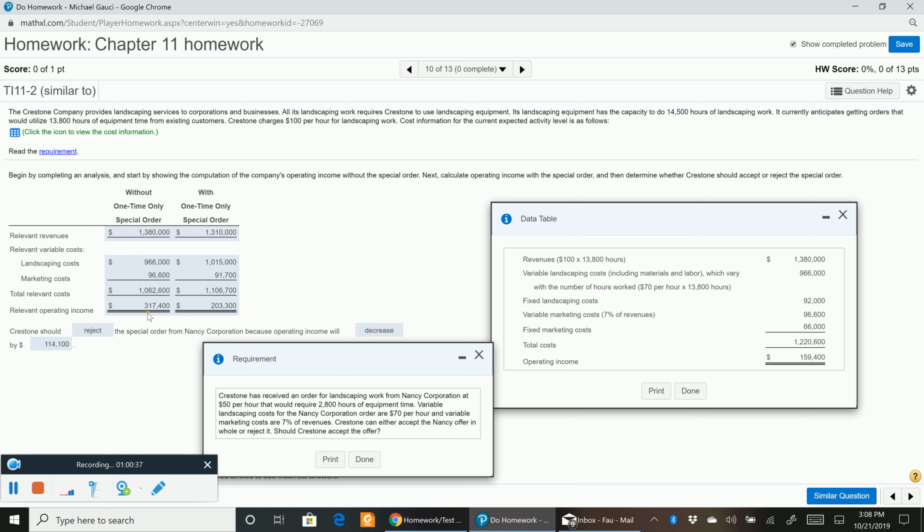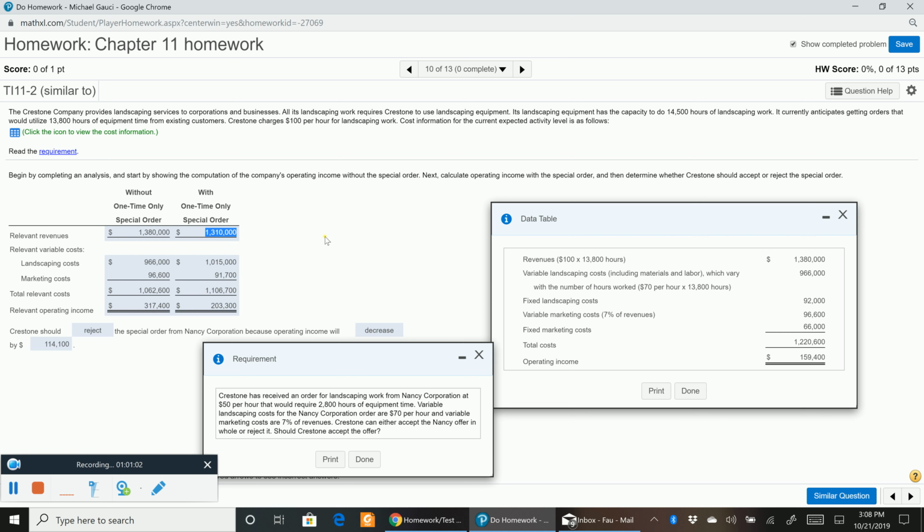Subtracted from the relevant revenue, you get relevant operating income. Now if we accepted the special order, remember the special order was 2,800 hours from Nancy, but they only want to pay $50 an hour. So what would be my relevant revenues if I did accept the special order? Well, it comes to $1,310,000.